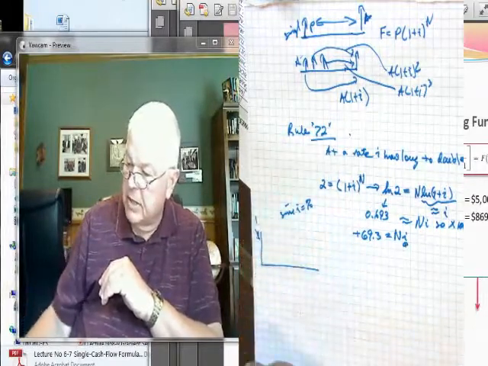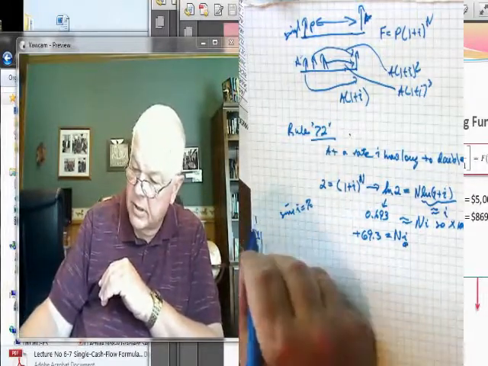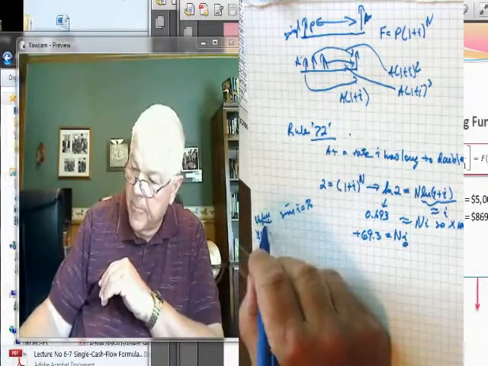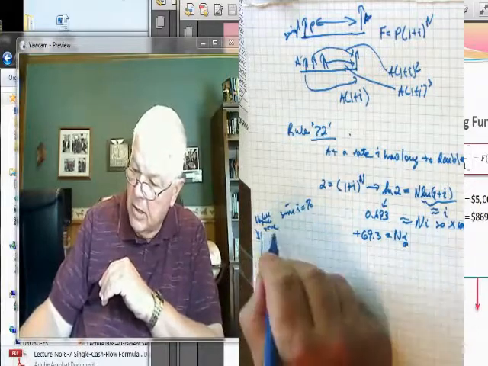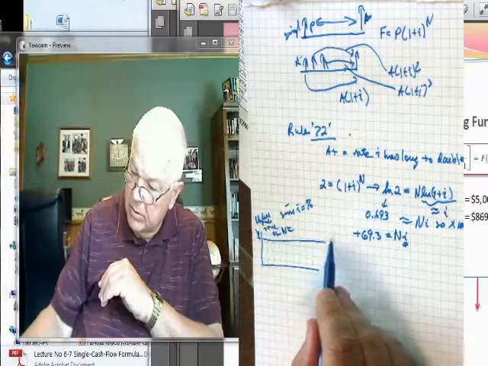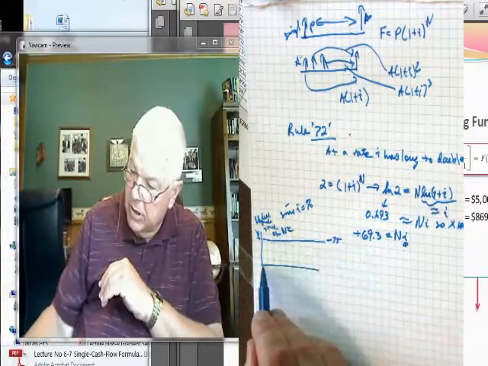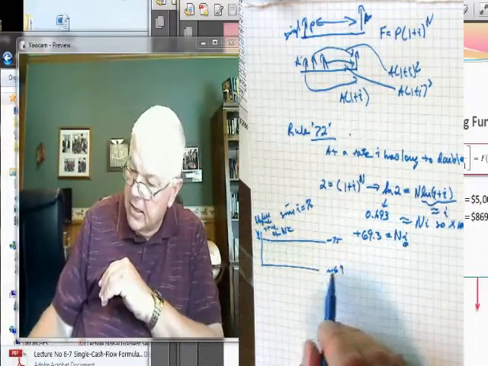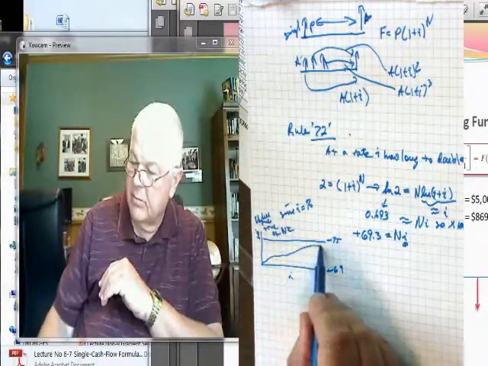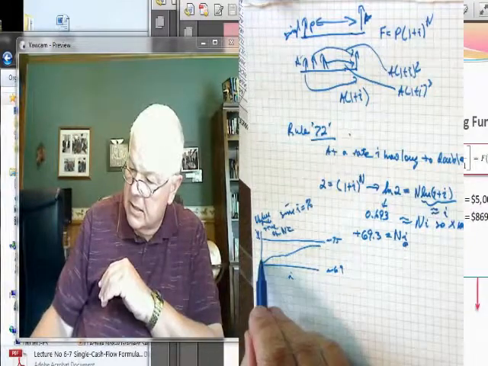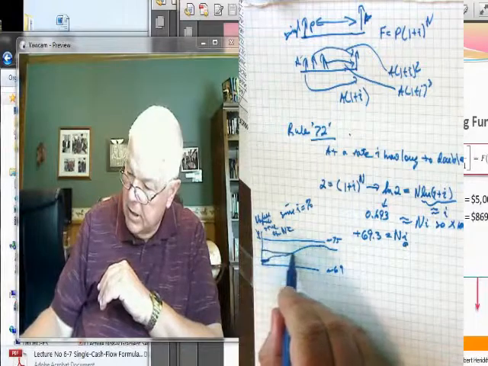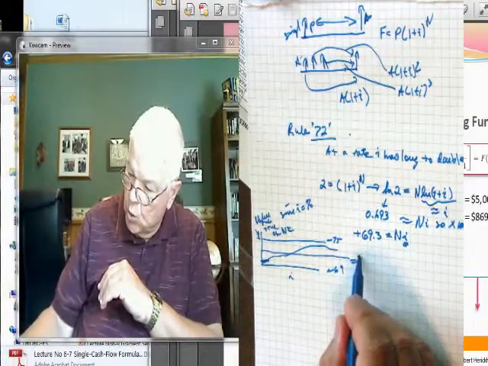Well, the thing is, as I vary I, there's a simple observation. If I look at the value of this product NI over a range of interest rates, what you'll find is it goes from roughly 75 down to about 69. It's down around 69, up around 75, and so right in the middle is about 72.